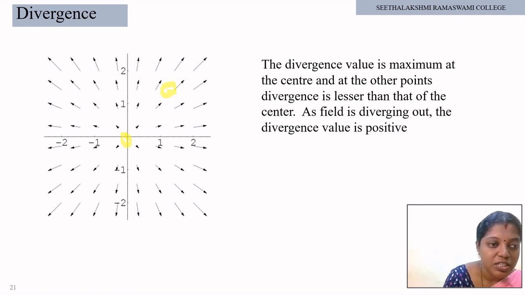So the divergence is positive, but quite small compared to the point at the center. So the divergence varies with respect to positions. It is a measure of how much the vector field diverges from the point at which you are making the measurement. At the point where you are calculating divergence, you have to look at how much the field is diverging from that point.